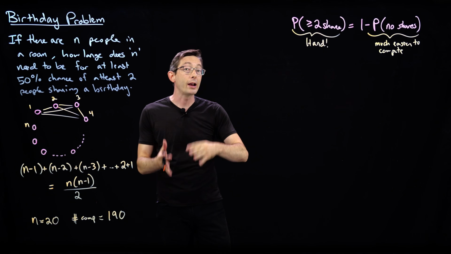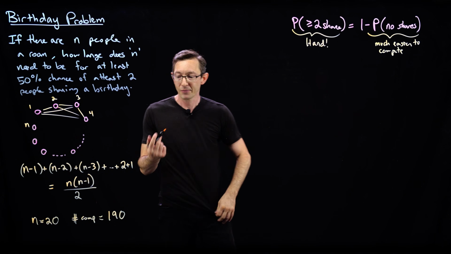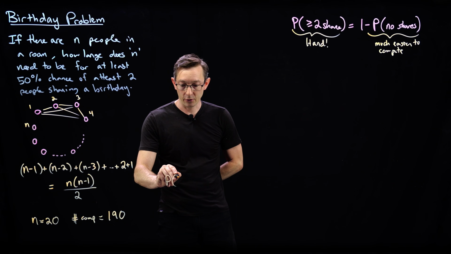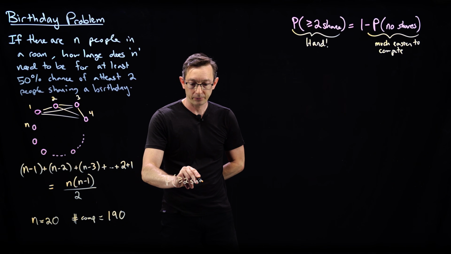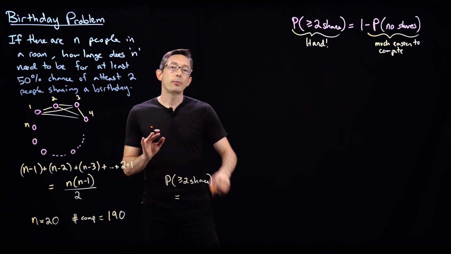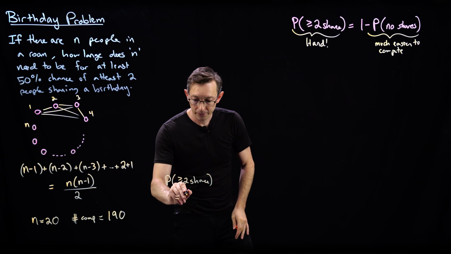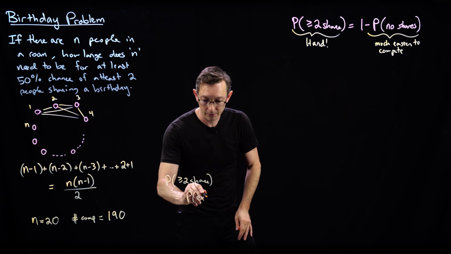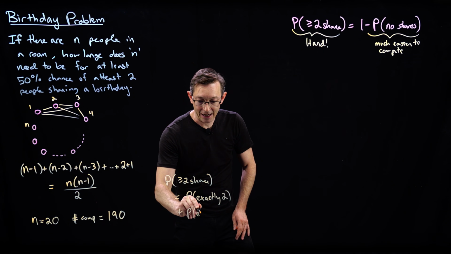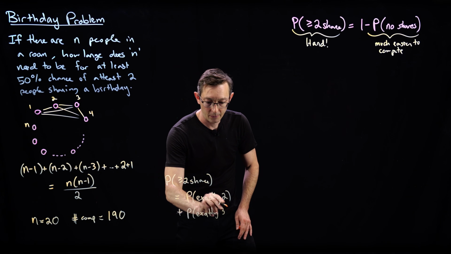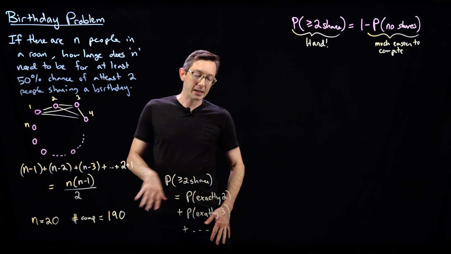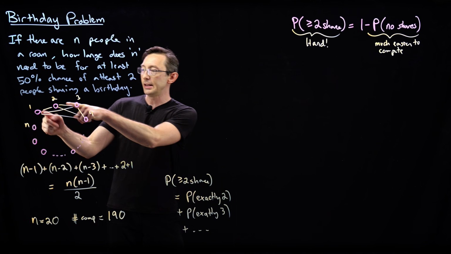So the probability that greater than or equal to 2 people share a birthday is equal to the probability that exactly 2 people share, plus the probability that exactly 3, plus... Okay?